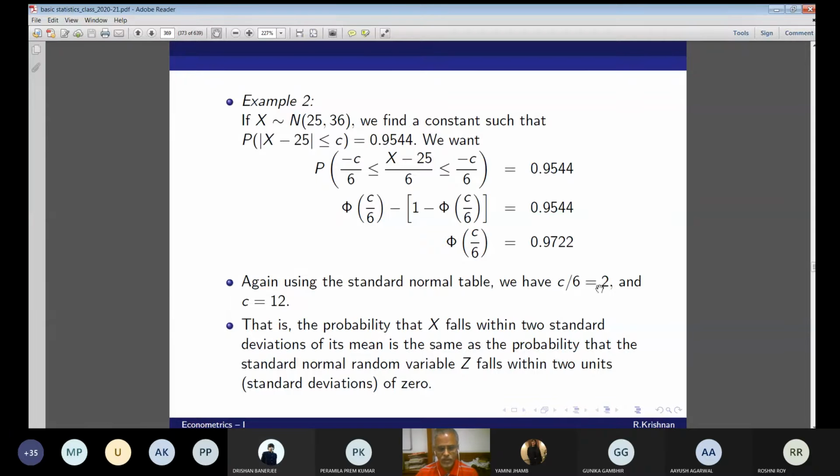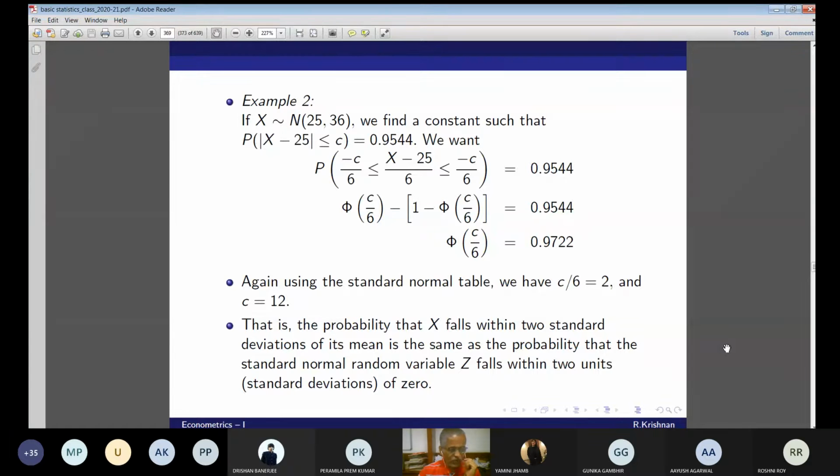So it's the probability that x falls within two standard deviations of the mean, which is the same as the probability that the standard normal random variable z falls within 2 units, standard deviations of 0.